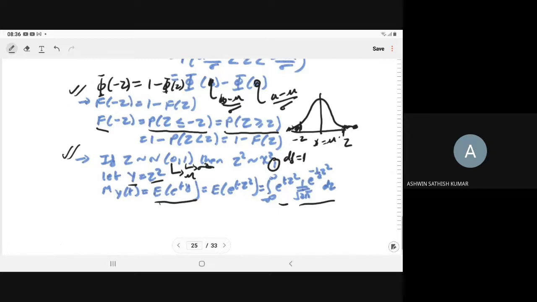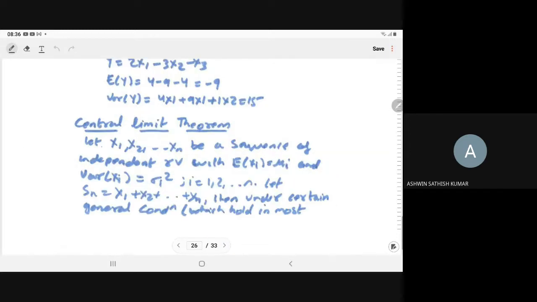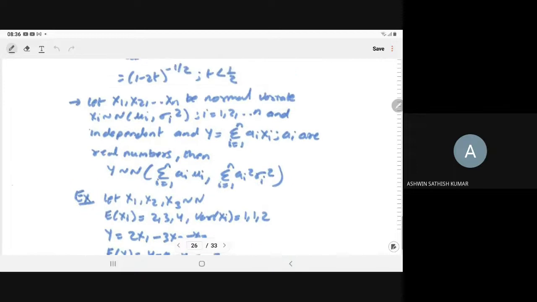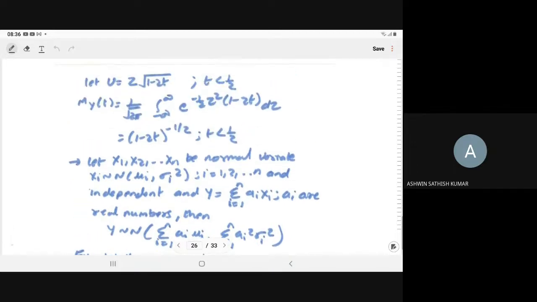Now when you substitute u is equal to z into root of 1 minus 2t.